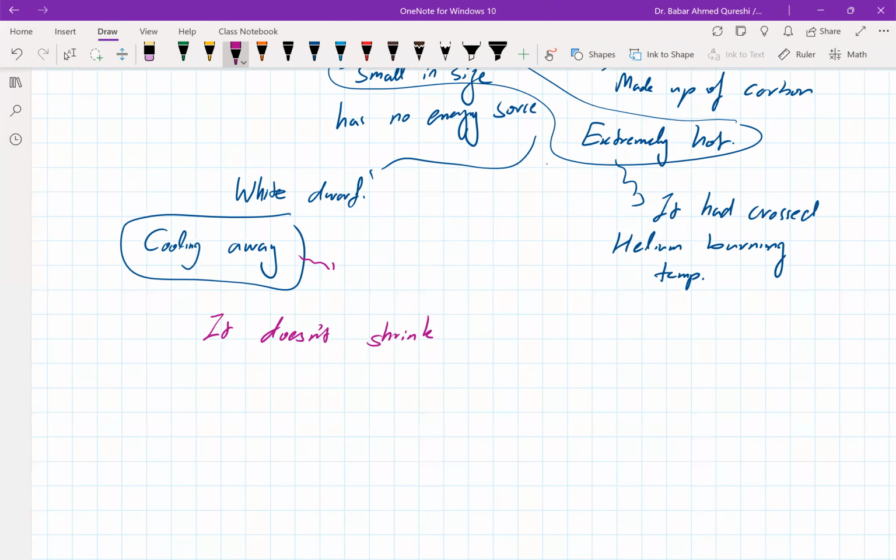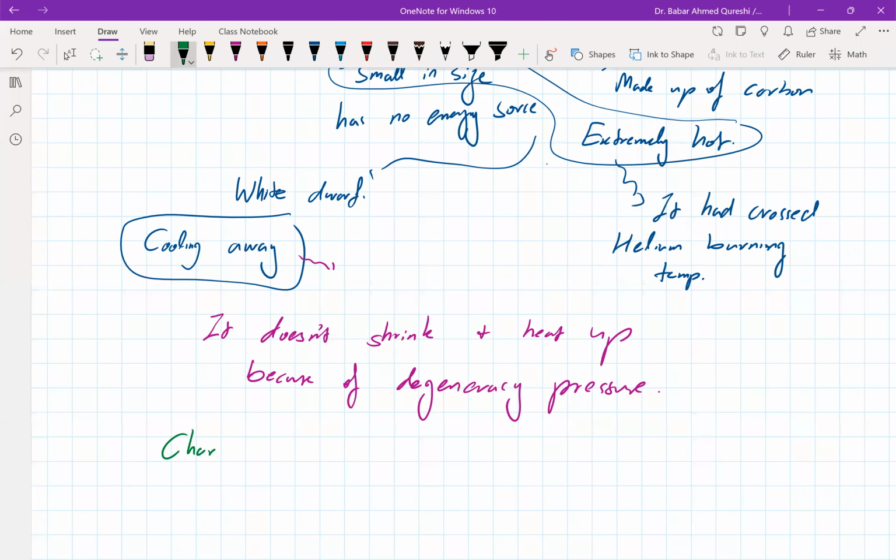The virial theorem would say that it will shrink and it will heat up. It doesn't shrink and heat up because of degeneracy pressure, and the Chandrasekhar limit tells us the maximum mass of this object.